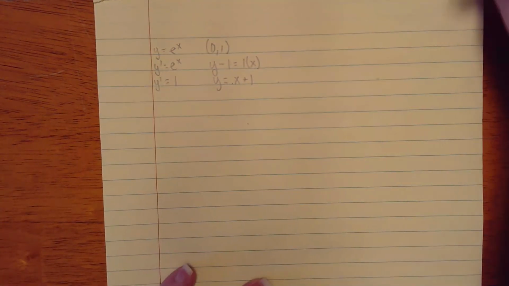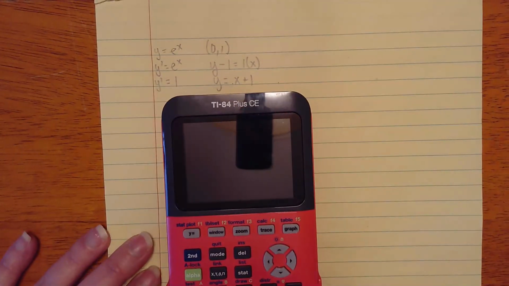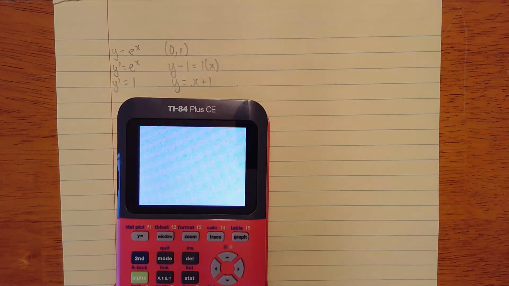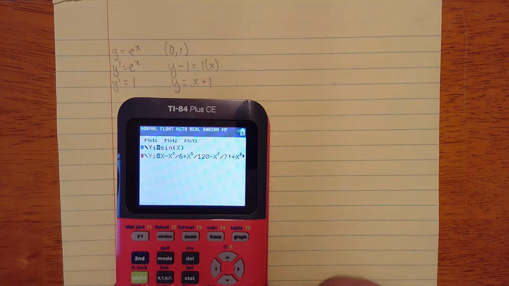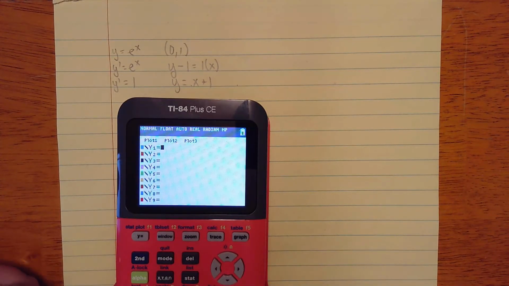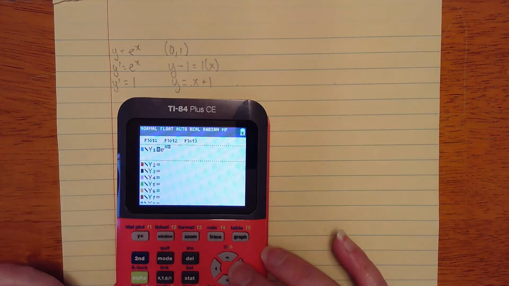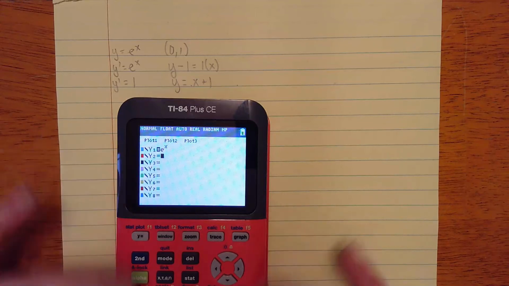So let's graph both of those. Let's graph e to the x. I don't know why I couldn't find e. And let's graph x plus 1.